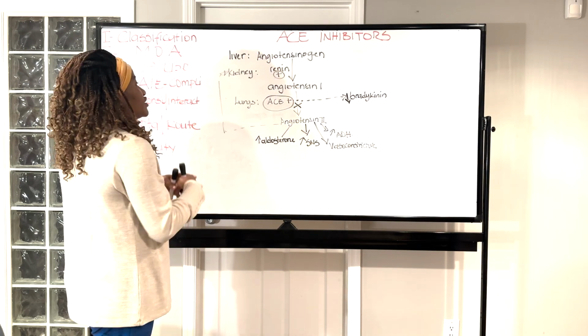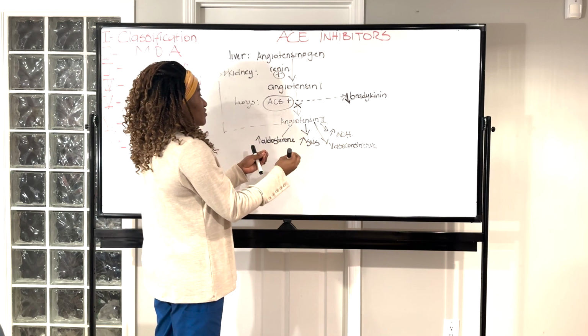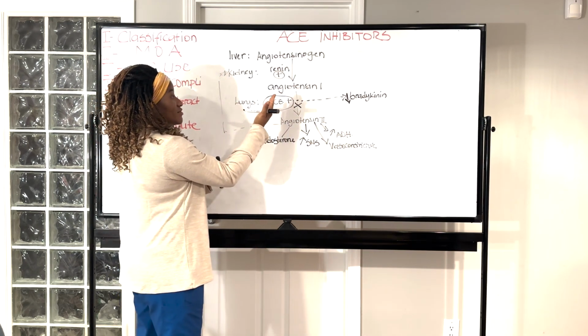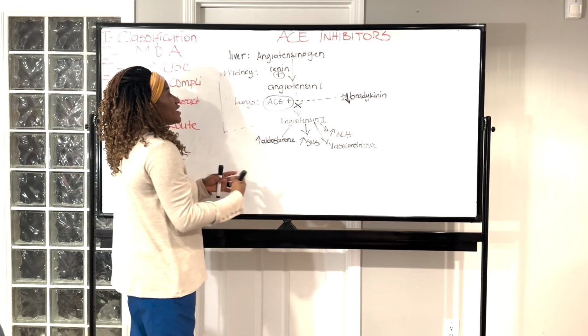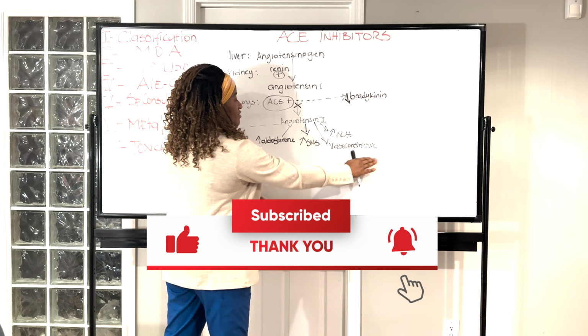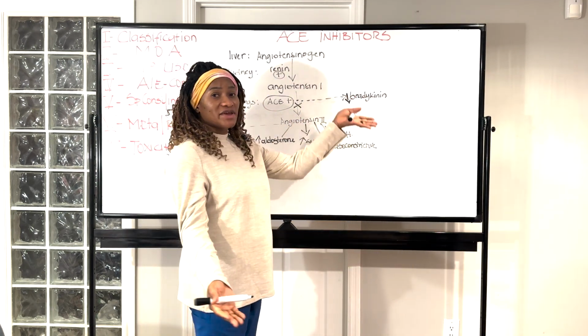So classification, ACE inhibitors are these drugs that are going to act to block the enzyme called ACE and decrease the level of angiotensin 2, making all this effect voided, and increase the level of bradykinin.